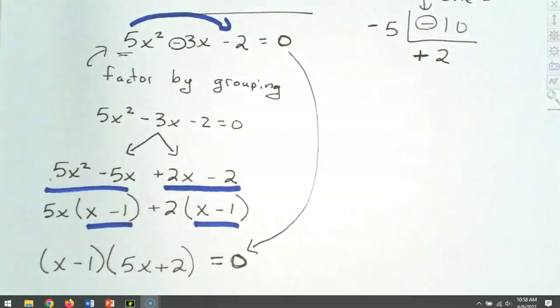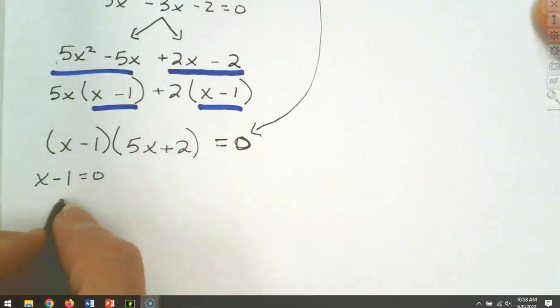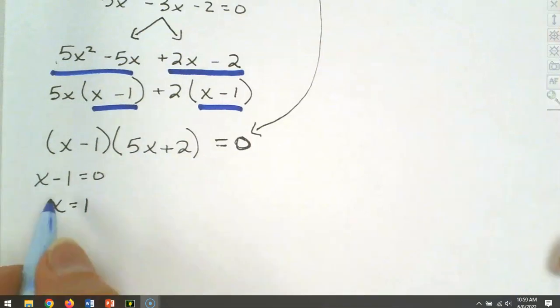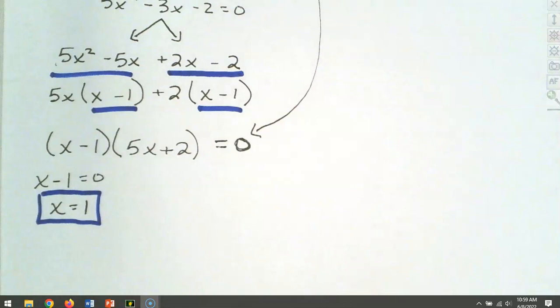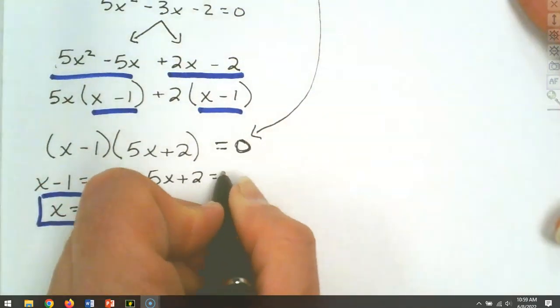Now we can finish it. Set each piece to 0. So x minus 1 equals 0. These are our factors. So x equals 1. And I'll slow down a bit just to make sure we can all stay caught up here. So that first one, I just moved that 1 over. What about for the second part here? Okay, for the second part, we're actually going to have to use algebra because it is 5x plus 2 equals 0.